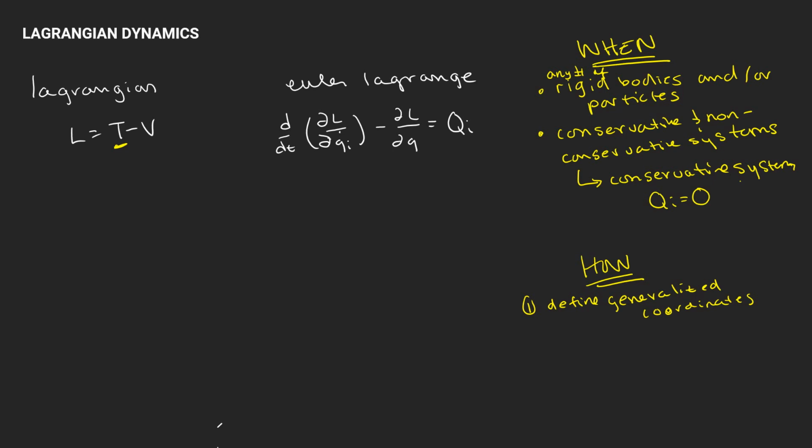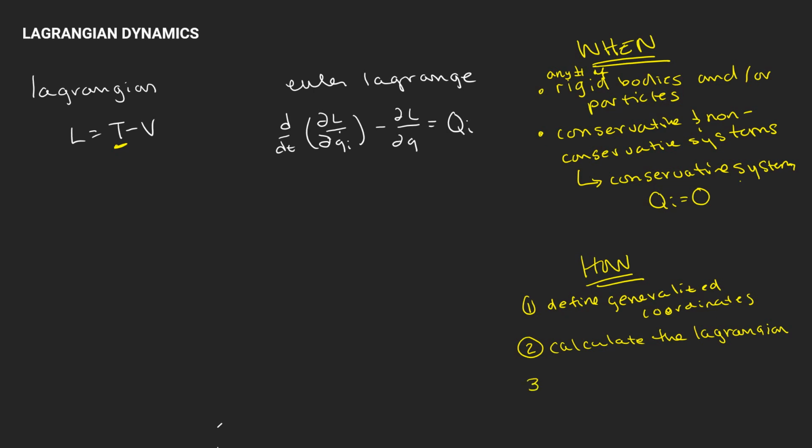So defining those generalized coordinates should always be your first step. Second thing you need to do is then define or calculate the Lagrangian, right? So this L equals T minus V.